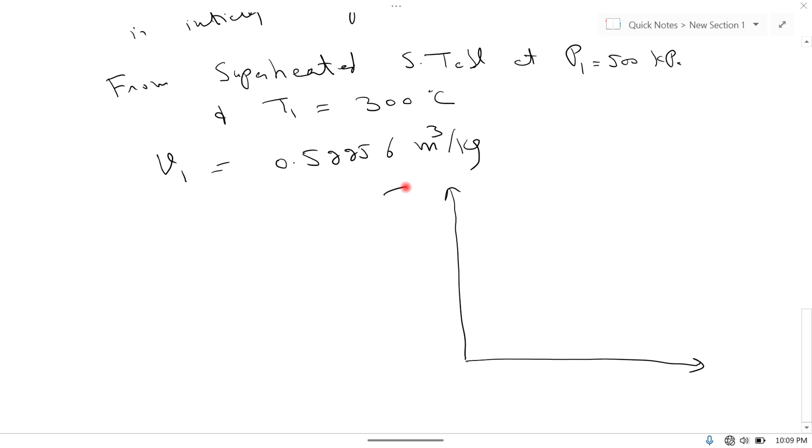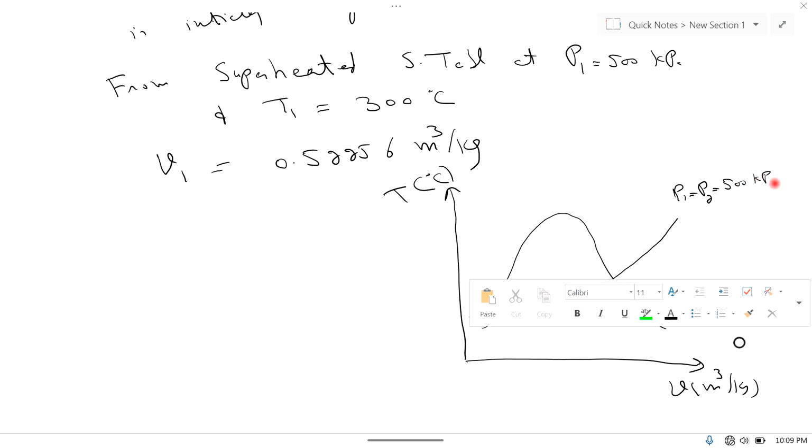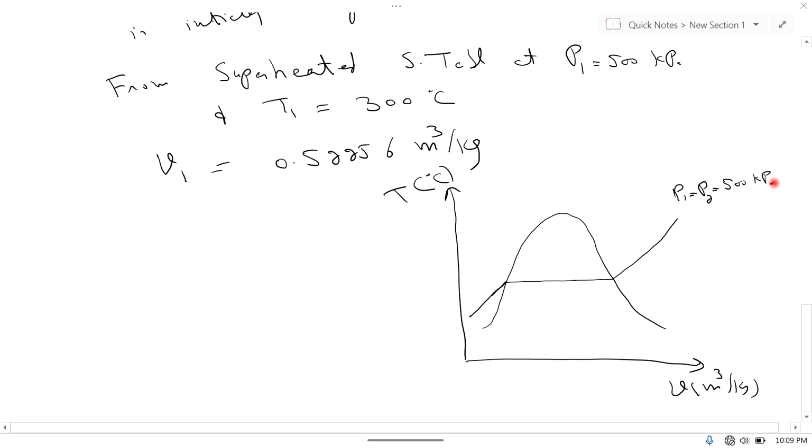We can show this on a TV diagram: temperature in degree centigrade and volume in meter cube per kg. This is the saturation curve. This is the constant pressure line on the TV diagram, P1 equal to P2 equal to 500 kilopascal.